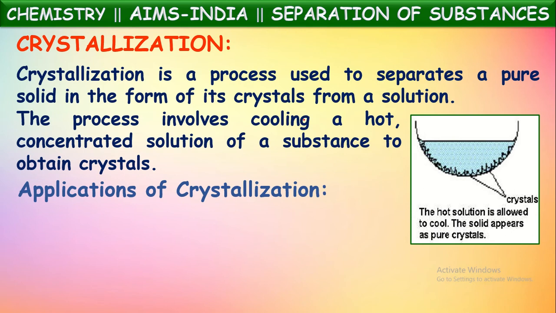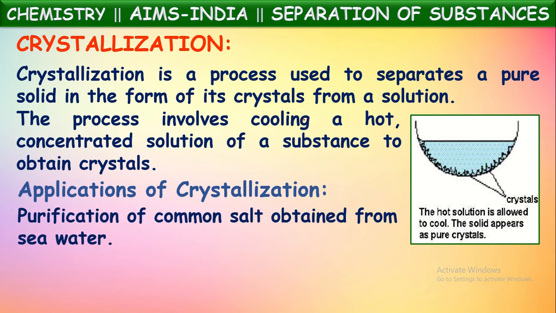So where do we apply crystallization generally? In the purification of common salt obtained from seawater. In the earlier session, we discussed evaporation. By the process of evaporation, they obtain rock salt from seawater, isn't it? They collect the seawater into small meadows. There, because of sunlight and air, water will be evaporated and rock salt will remain on the floor.